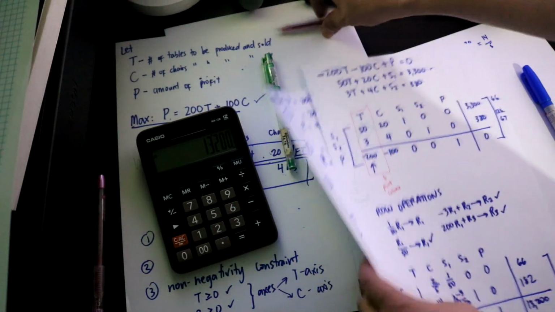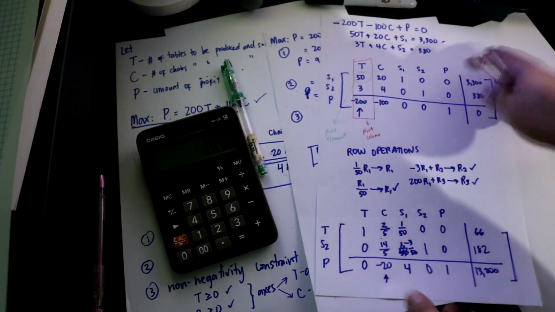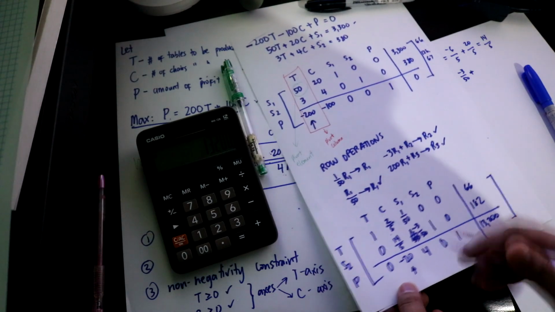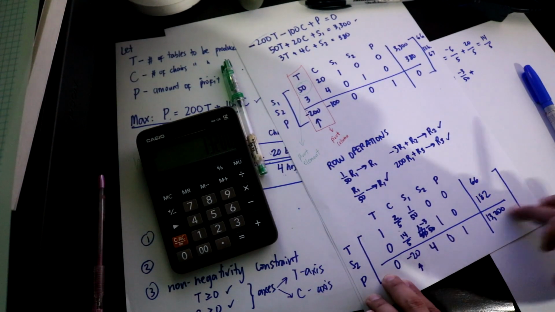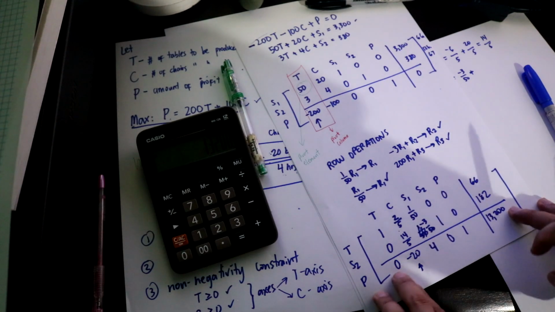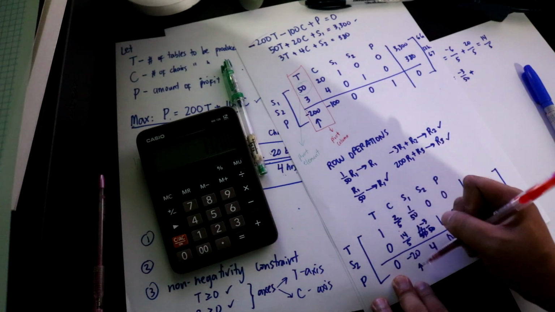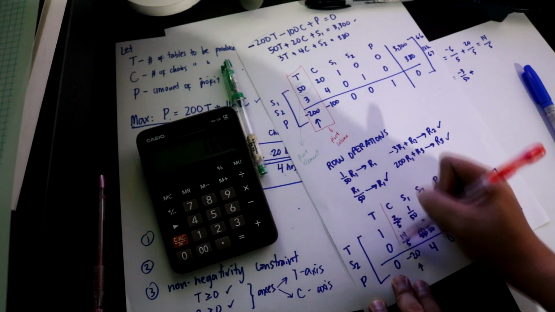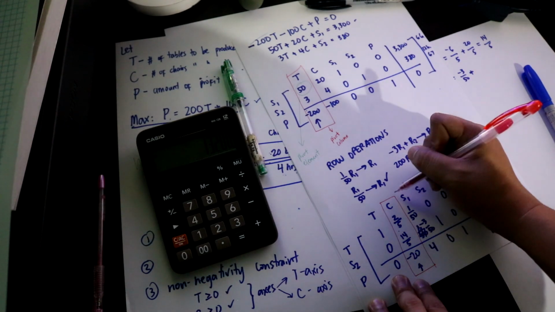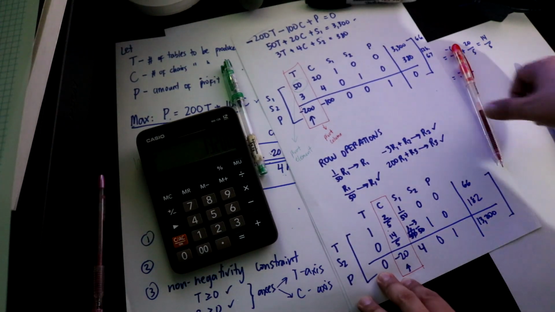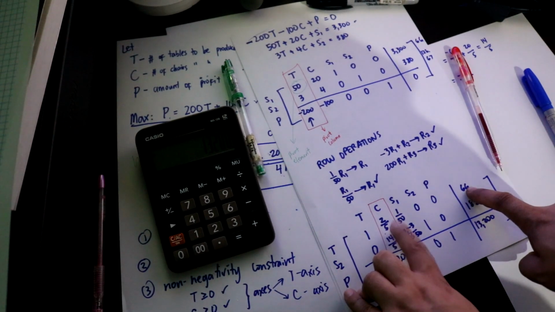By the way, guys, we are just going to repeat the process until all the negative numbers are gone in this third row. Whatever is the most negative would be our pivot column, and then we divide this number here by this number here.